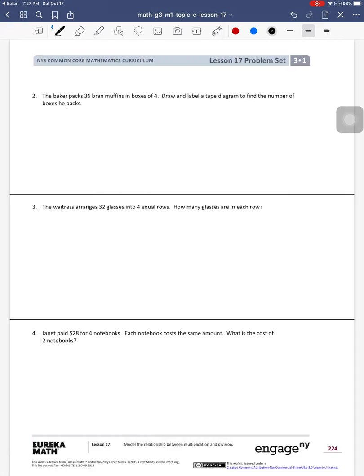Number 2, the baker packs 36 bran muffins in boxes of 4. Draw and label a tape diagram to find the number of boxes he packs. All right, so we have 36, and we know it's boxes of 4. So here's my tape diagram. Now, I know that we have 4 muffins.